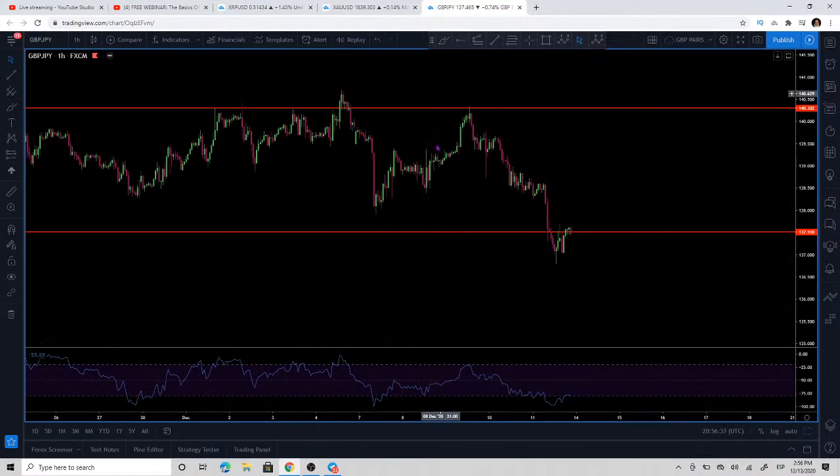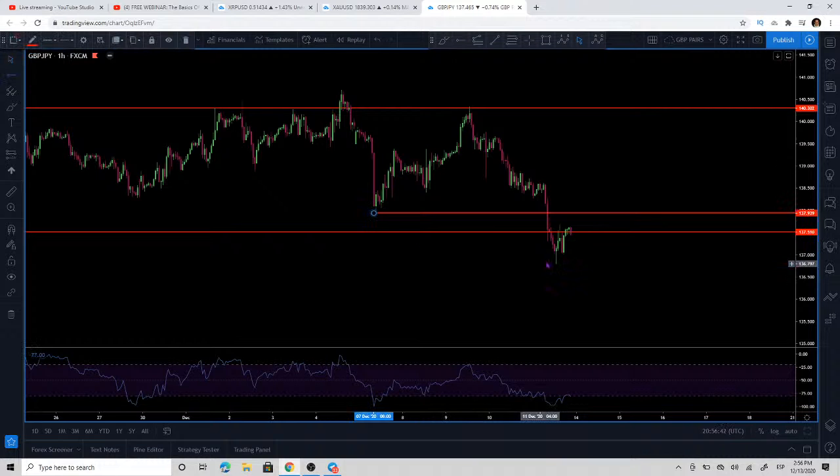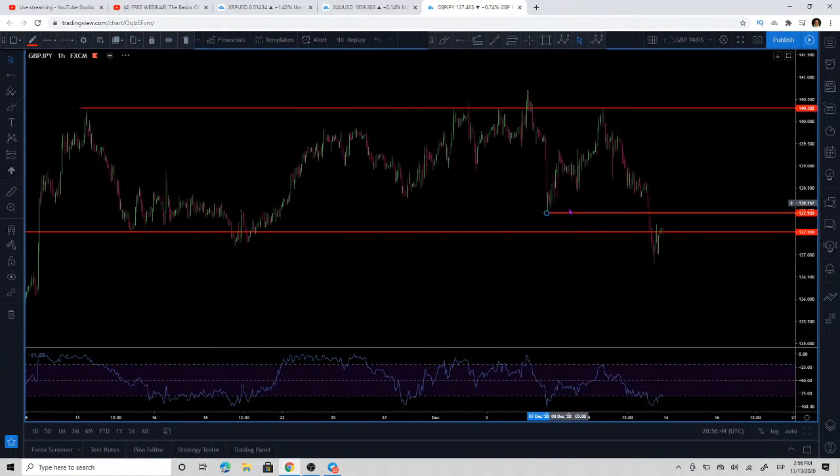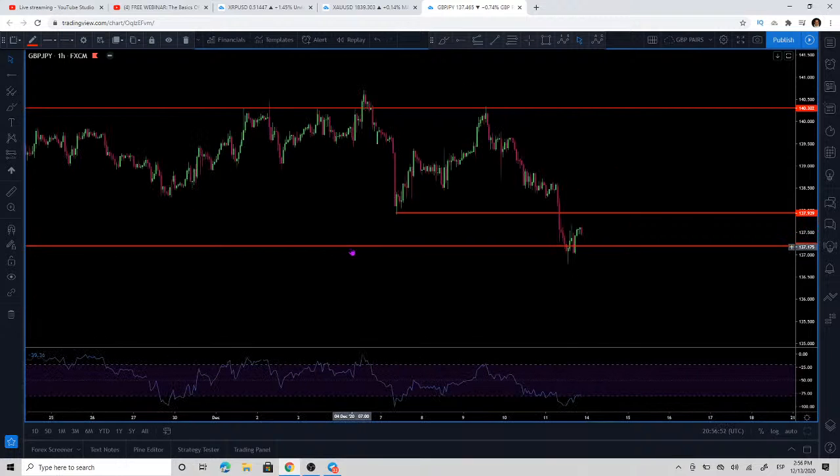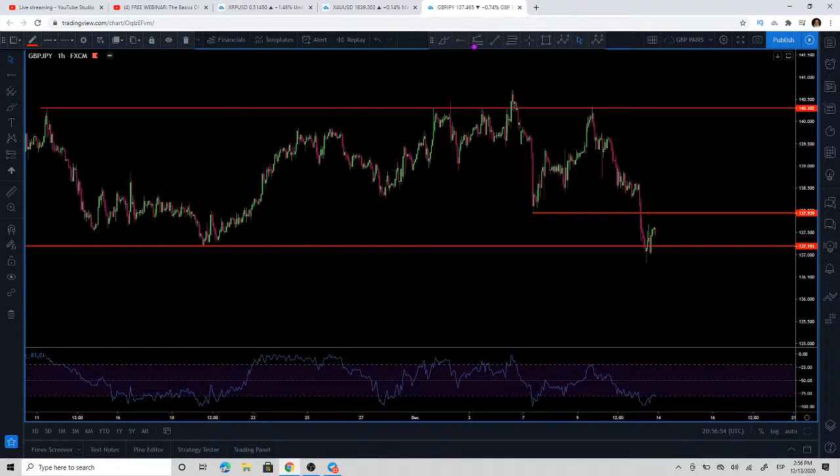Now, the reason that I am going to wait a little in order to sell the pound versus the yen is because of this, right? The pound versus the yen did reject the previous lows, right?